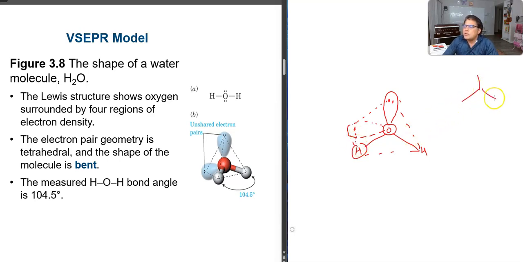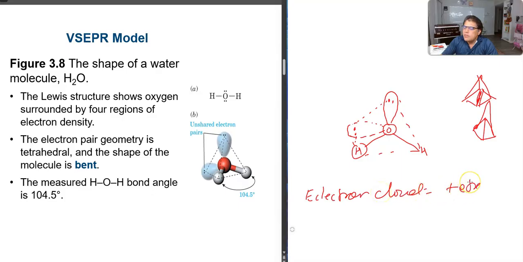So it looks like that, the tetrahedron. Again, the electron cloud is tetrahedral, but for the molecule, just remove the electrons.